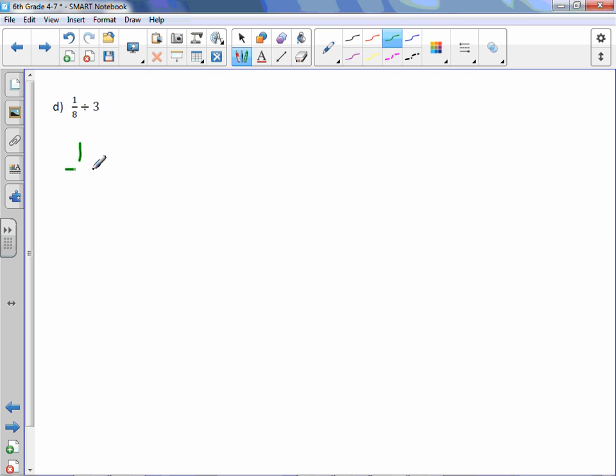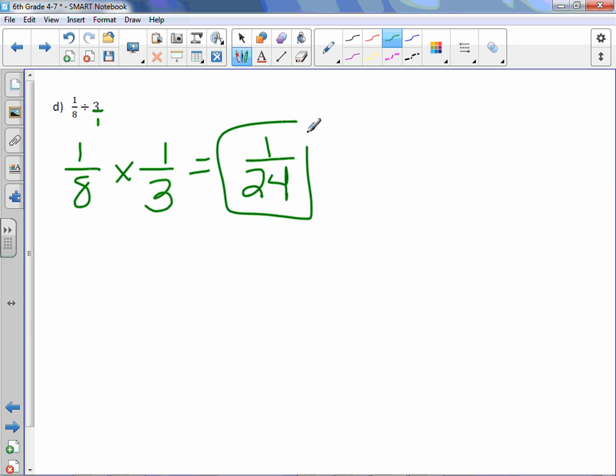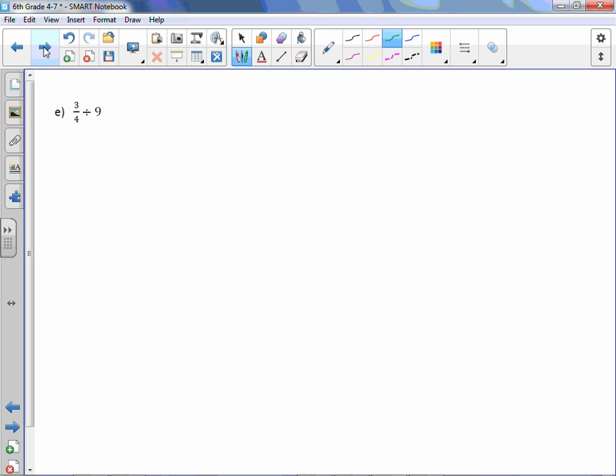Letter D. The 3 is over 1. I will not divide. I will multiply by the reciprocal, and you get 1 over 24. Letter E, put your 9 over 1. I will not divide.